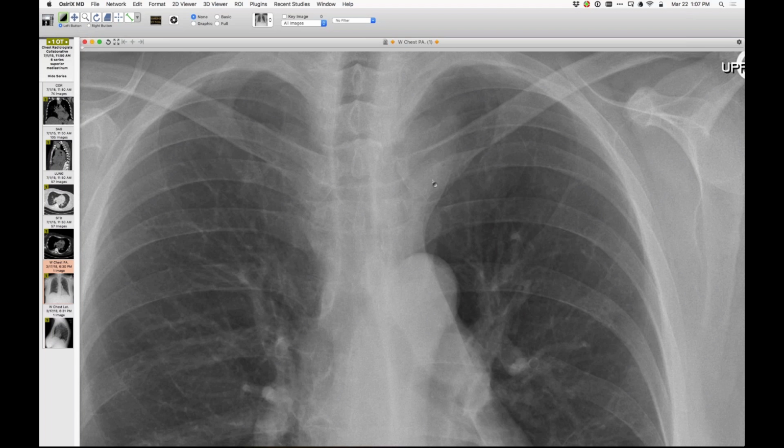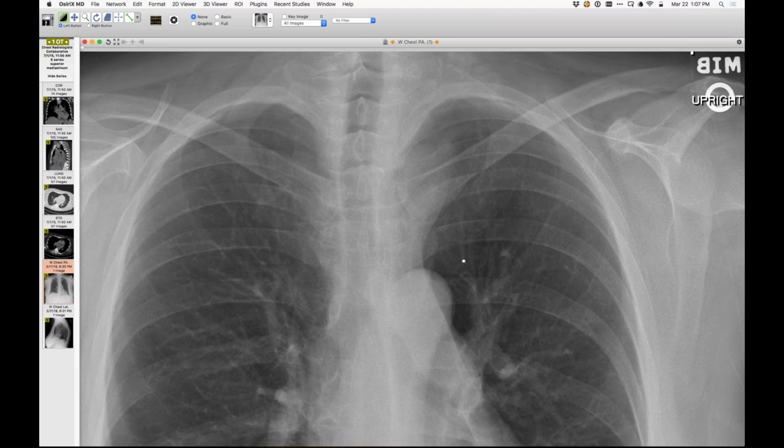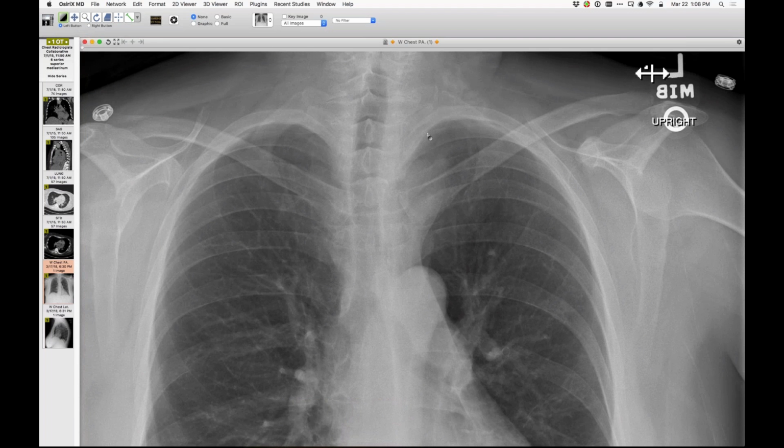Even though there's some opacity here, the sharp interface has disappeared at that point. And that is the so-called cervicothoracic sign, which indicates that the thing is located in relation to the thoracic inlet, and it's not something that's posterior in the chest.